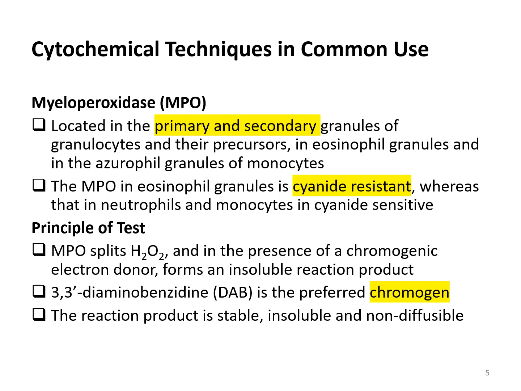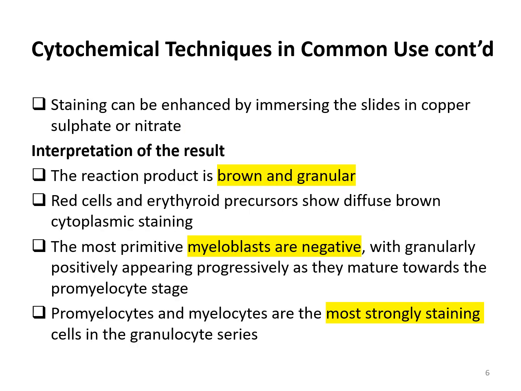The product is stable, insoluble, and non-diffusible, and we can detect this in the slide. What will be the appearance of this colored substance? It will result in brown granular staining of the cytoplasm.